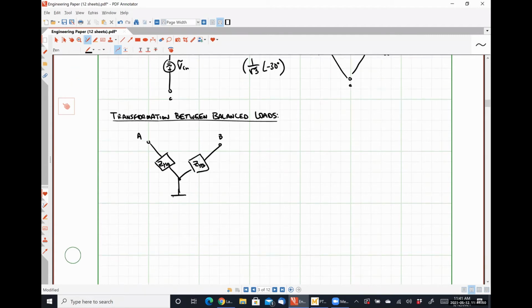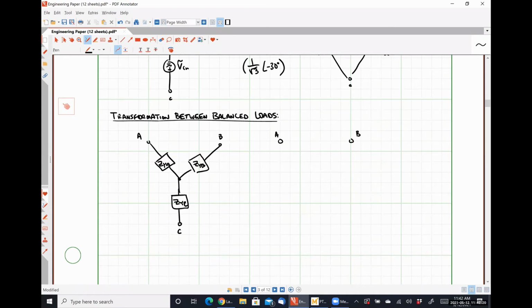Strictly speaking, our loads do not need to be balanced in order for us to do a transformation. The math for a balanced load transformation is way easier than an unbalanced, but we can transform unbalanced systems as well, okay? And so I'm going to talk about how we go about doing that.